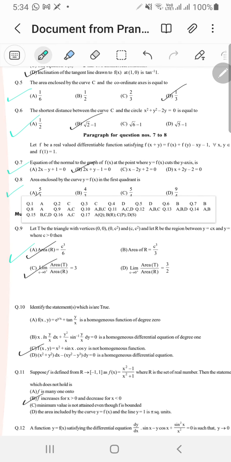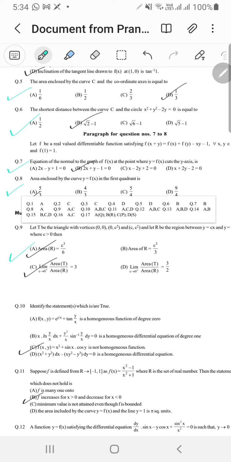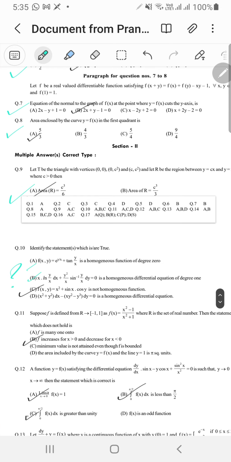Yeah, that's right. 10th ABC. That is weird. I mean, why is this a homogeneous function of degree 0? Doesn't make sense. Okay, this is weird. Yeah, whatever. 11th ACD.